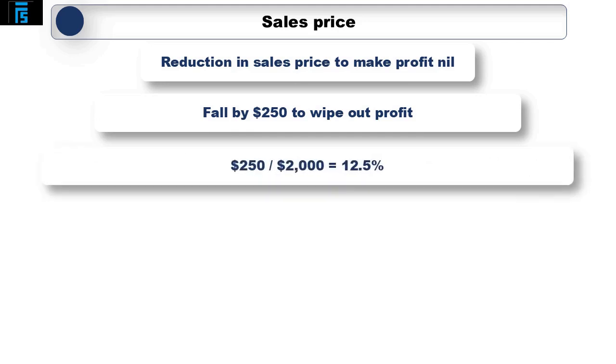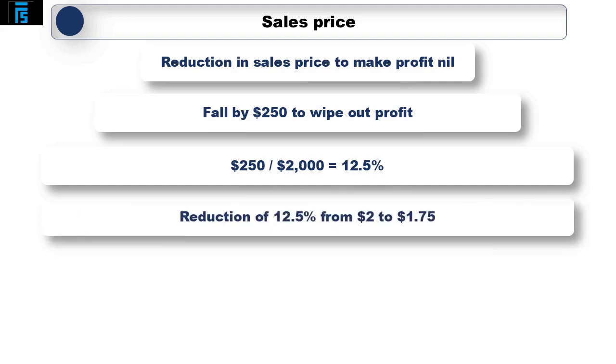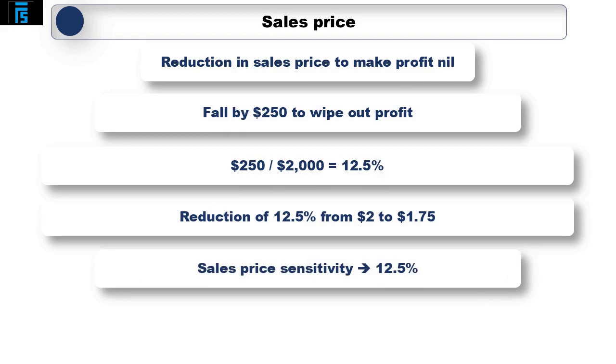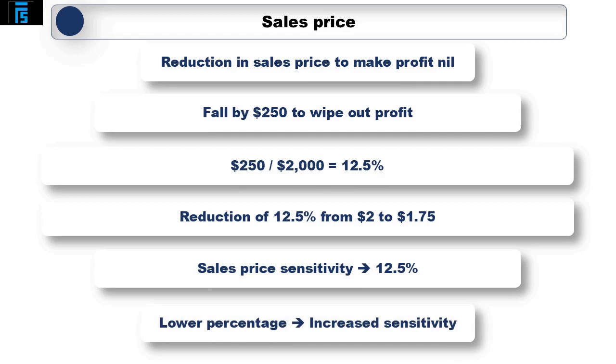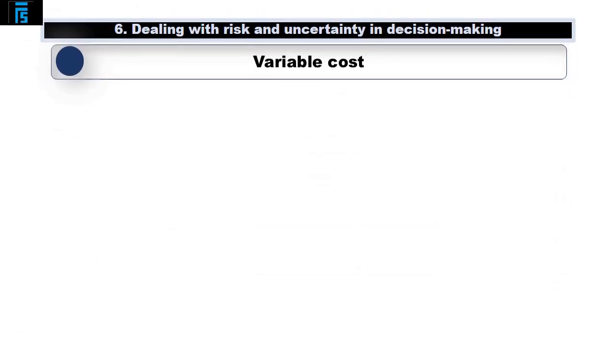This is a reduction of $250 divided by $2,000 is 12.5%, or a reduction down from $2 to $2 less 12.5% is $1.75. Jack would say he is 12.5% sensitive to his estimate of sales price. A lower percentage would imply increased sensitivity.